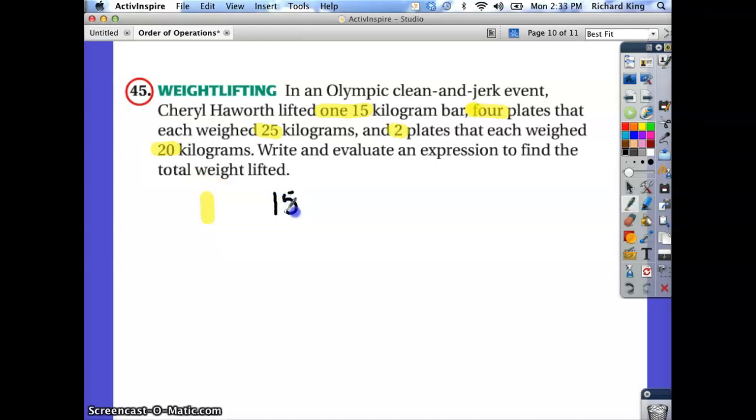Okay, 15 kilograms plus 4 plates that each weigh 25 kilograms, so that would be 4 times 25 kilograms, because there's 4 of those. Plus, you have 2 plates that are 20 kilograms. Okay, again, it doesn't matter if you put both of these in parentheses or just one of them, it's still multiplication.